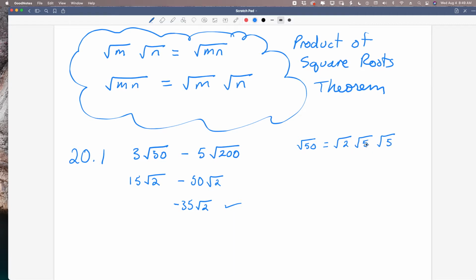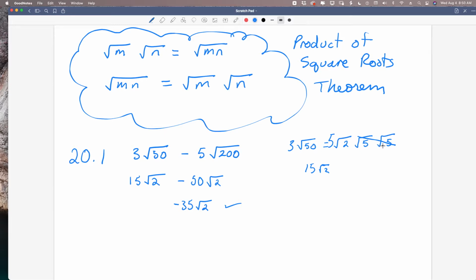And we know that when we have two square roots that multiply by each other that are the same base, we can pull that out as a whole number constant. And that's what we did. We eliminated those and brought that out as a 5 times the square root of 2. And because we already had 3 times the square root of 50, we were able to calculate and say 3 times 5, and that left us with 15 times the square root of 2. You see how that works.